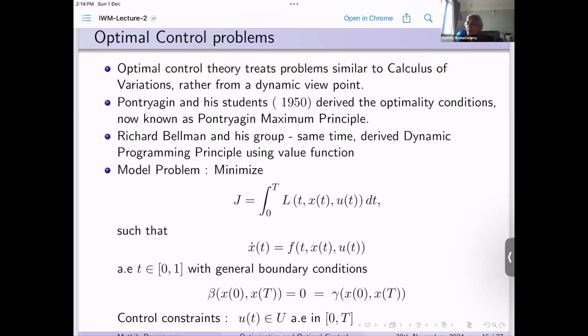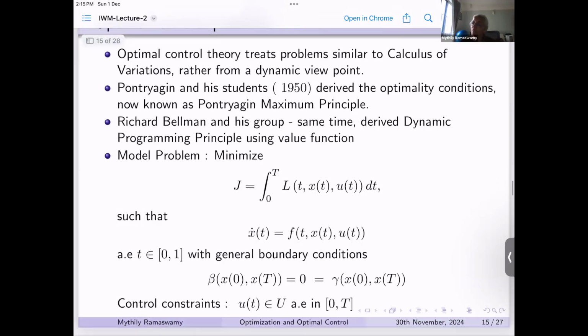And there the initial condition was x(0) was A and x(capital T) was B, etc. So that problem can also be put as an optimal control problem, because after all, we are minimizing the time there, which can be written in terms of a differential equation by involving a u. So we call it dynamic optimization.